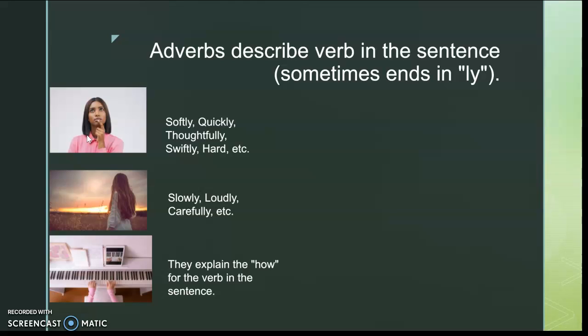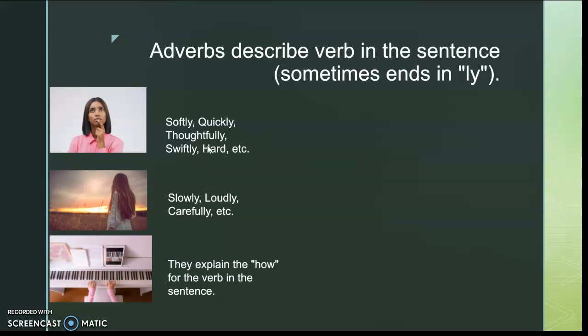Okay. Now, thinking is our verb. It's something you do. It's something our body can do or a person can do. Okay. Maybe she's softly thinking. Maybe she's quickly thinking. Maybe she's thoughtfully thinking, really putting deep thought into it. Swiftly thinking or hard thinking. Some people can think so hard they get a headache.